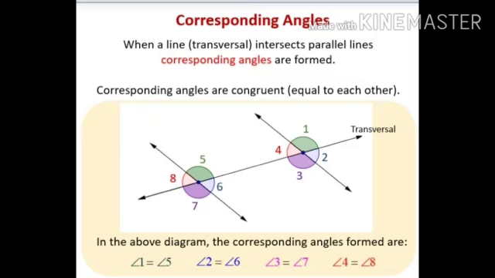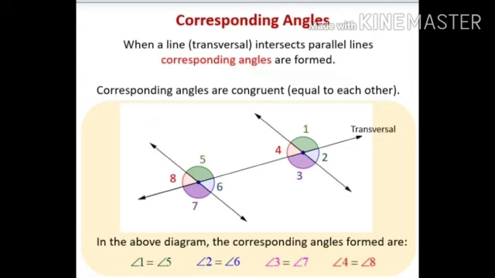Here, angle 1 and angle 5 are corresponding angles. So, according to the property of corresponding angles, the measure of angle 1 is equal to the measure of angle 5, and hence angle 1 is congruent to angle 5.